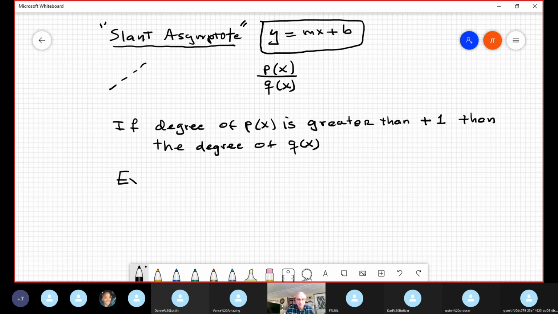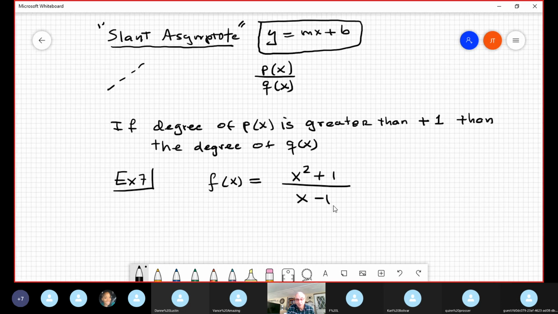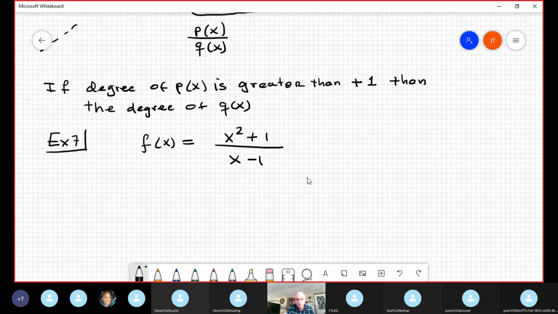This is another example, example 7. Suppose f of x equals x squared plus 1 divided by x minus 1. Suppose that you face that problem. Degree of the polynomial at the top is 2.